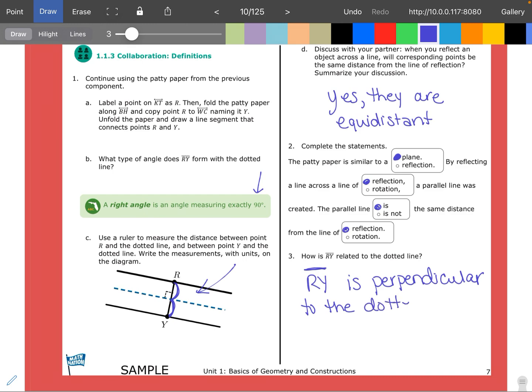I know that because of that little symbol that looks like a box, this one right here, I'm going to put it in yellow so you can see it. This little box means that we have a right angle, and all right angles are 90 degrees. So if that one is 90 degrees, then so is this angle here, so is this angle here, so is this angle here. They're all 90 degrees. So we've created perpendicular lines.